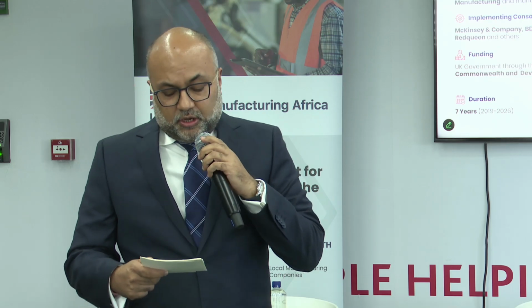So the Manufacturing Africa program is a program that is actually funded by the UK government, run by the Foreign and Commonwealth Development Office. It is enabled investment and create jobs in Africa. The focus is on manufacturing and manufacturing enablers.